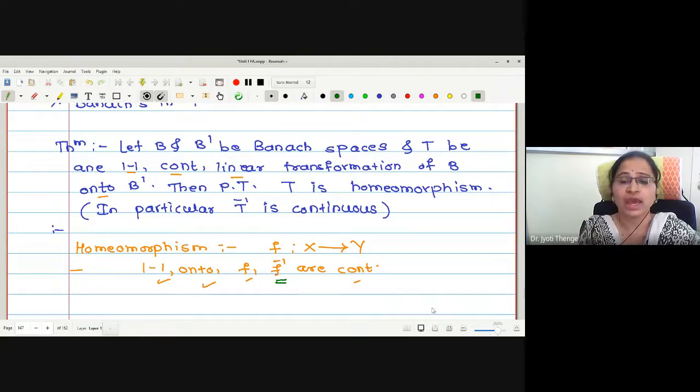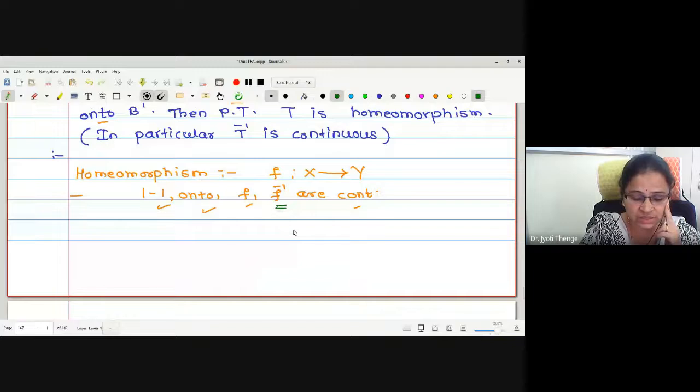It is not given that the inverse mapping is continuous, but still we want to say that T is a homeomorphism, because this condition tells you T inverse is continuous. Now our aim is to show how T inverse is continuous.